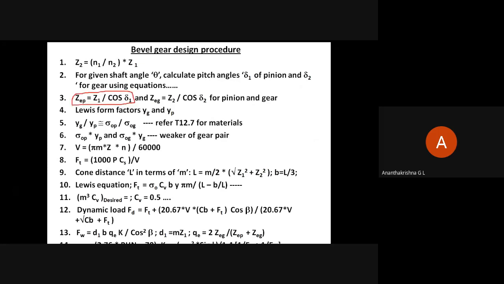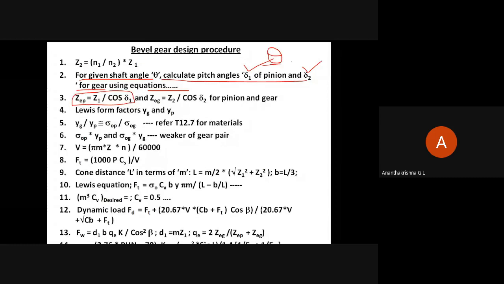One thing you should remember is, for a given shaft angle theta, we need to calculate the pitch angles delta 1 and delta 2. That depends upon the shaft angle theta. If it is acute angle bevel gear, we have different set of equations.